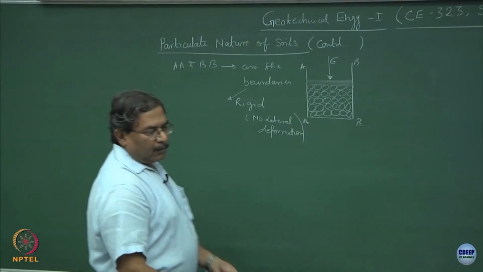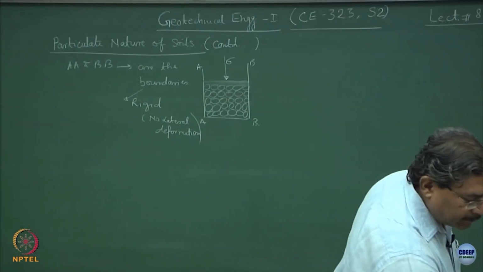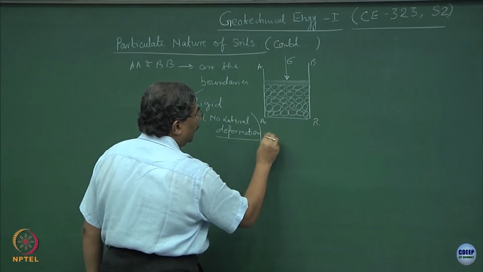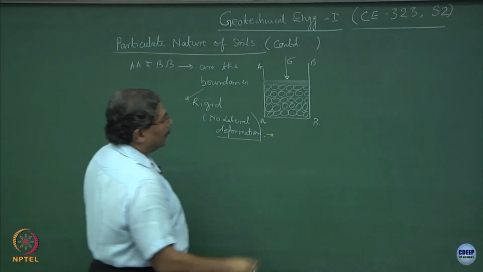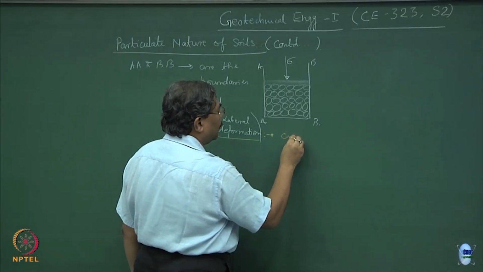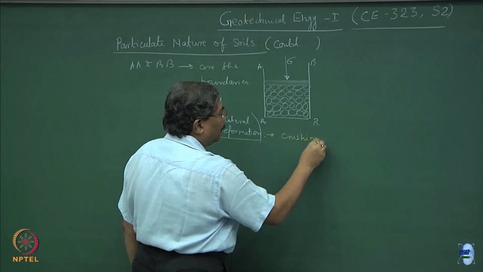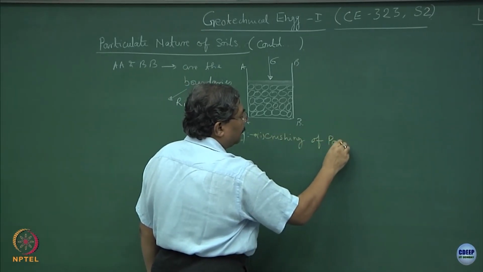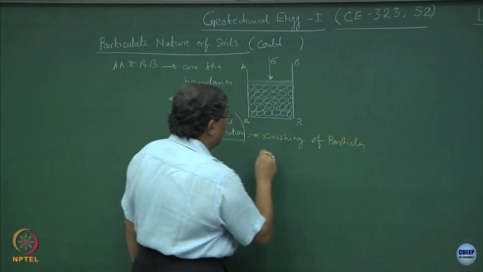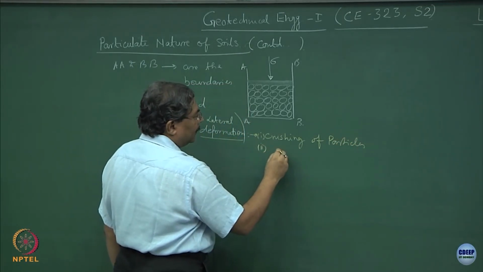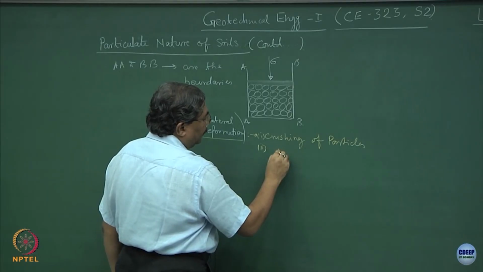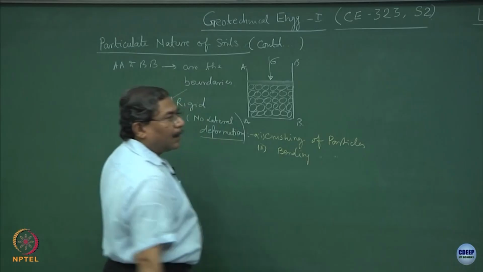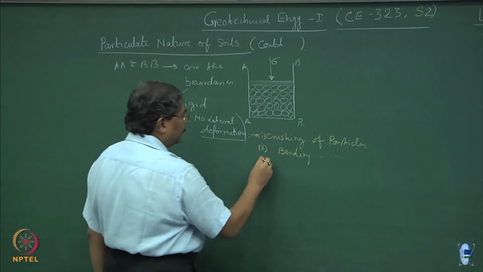we had also talked about the mechanisms of deformation. That is the crushing of particles, the second mechanism which I discussed in detail was the bending, and the third one is the rolling.